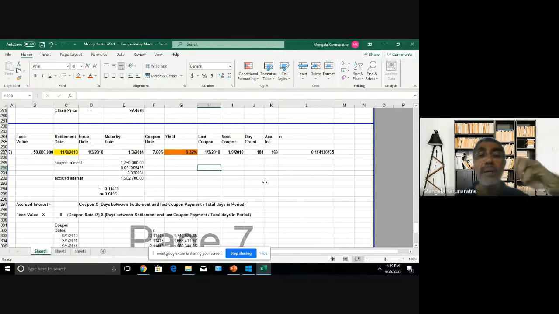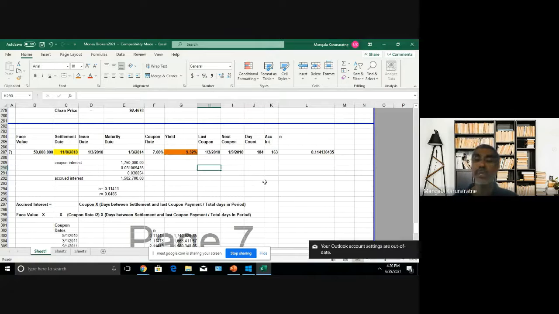Now, 9.32 yield is the yield at which this trade will take place. In other words, this is the yield to maturity.